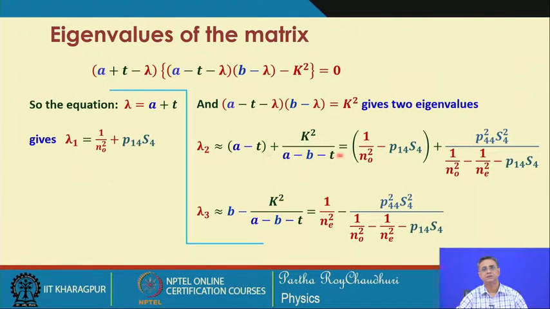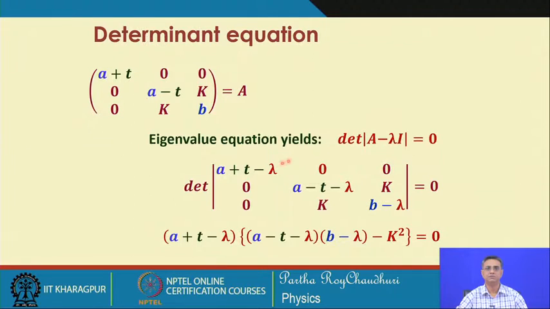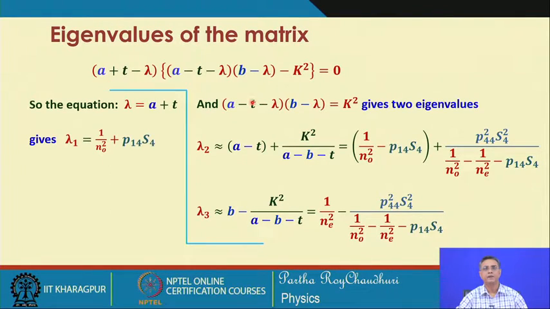If we substitute these values, we can do a small binomial expansion for this quantity, because if I write the solution of this equation, we can write it in this form.